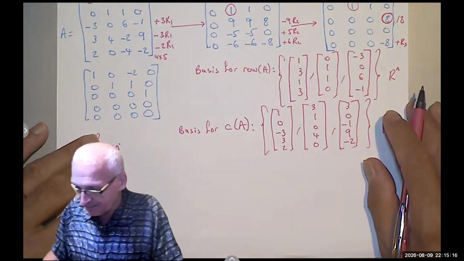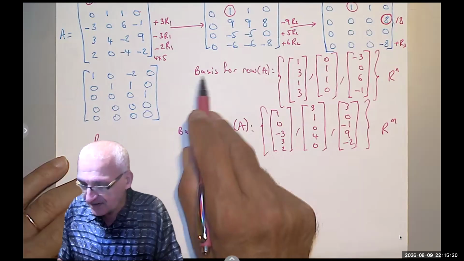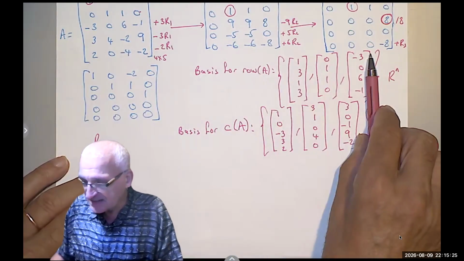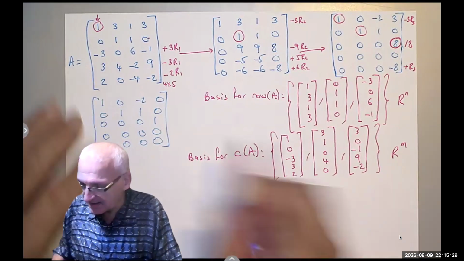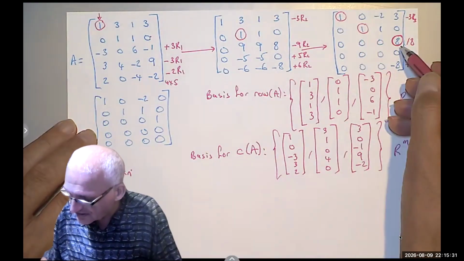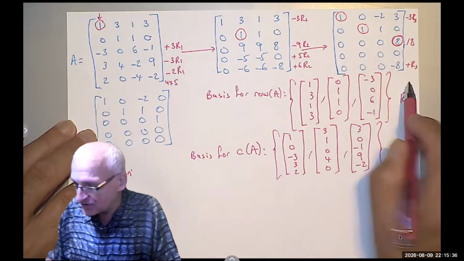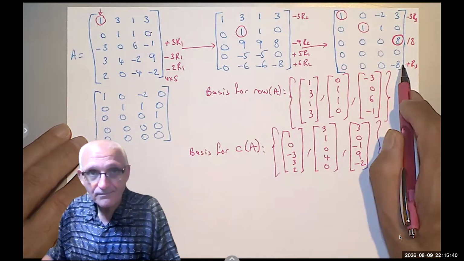So these two, notice that the dimension of the row of A is 3. I have 3 vectors, as well as the dimension of column of A. They have to match, right? Because I'm looking at the pivots. I have 3 pivots, meaning 3 rows, and also 3 columns. The rows are 1, 2, 3. The columns are 1, 2, 4.